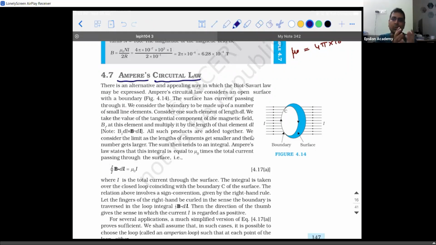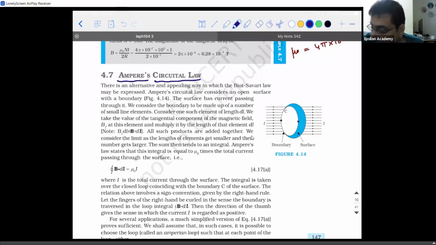Like for example, in the first chapter, you had Coulomb's law and Gauss law, right? Coulomb's law was used to calculate the force between 2 point charges, and Gauss law was used to calculate the electric field due to symmetric charge distributions. In a similar way, we have Biot-Savart law. So Biot-Savart law is used to calculate the magnetic field at a given point.